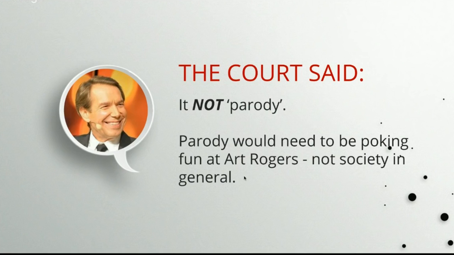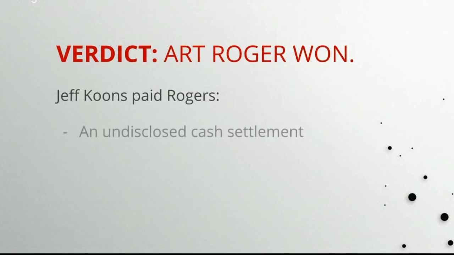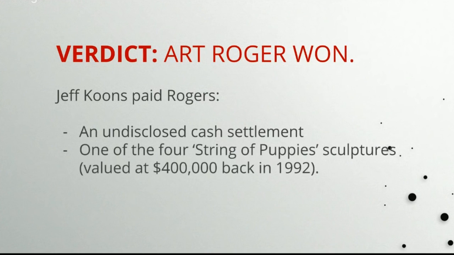So once again, the verdict was that Art Rogers won, and Jeff Koons paid Rogers an undisclosed cash settlement. It was believed to be quite a large one, and on top of that, he was ordered to pay one of the String of Puppies sculptures to Art Rogers, which was valued at $400,000 at the time, and that was back in 1992.